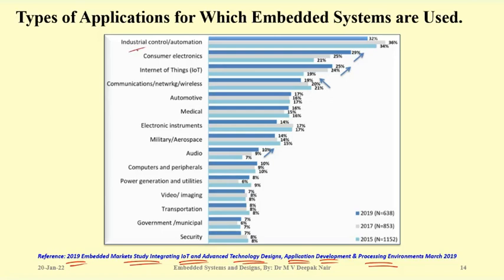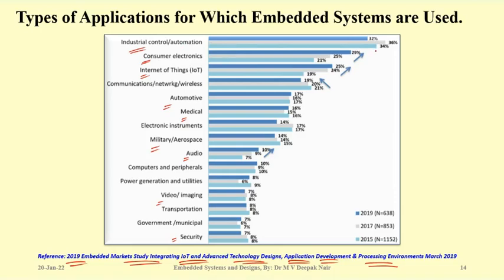For example, in industry, consumer electronics, IoT, automobile, medical, military, audio related devices, video related devices, and security related devices. Most of the industry right now, in 2019, maybe fluctuated 1 or 2% in these 2 or 3 years, but it is almost the same, I believe.